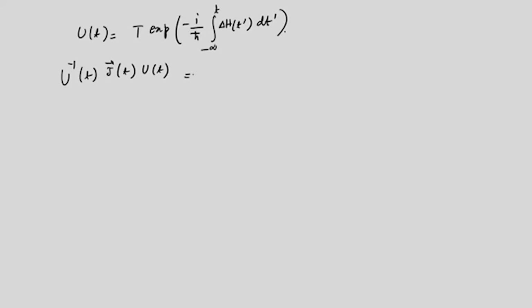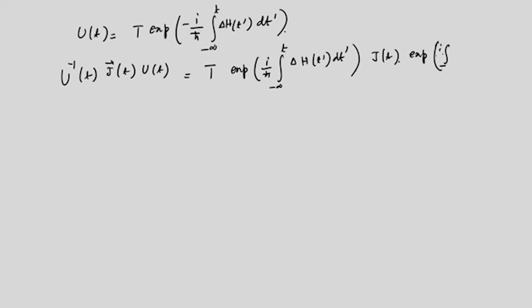So this is equal to the time ordered exponential of I over h cross, integral from minus infinity to t of delta H of t prime dt prime, and now I will write j of t, and then I will write the exponential of minus I by h cross, integral from minus infinity to t of delta H of t prime dt prime.